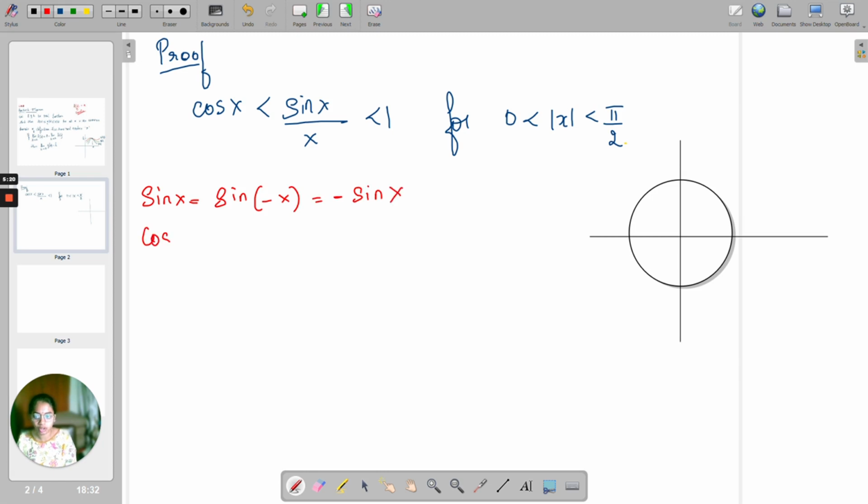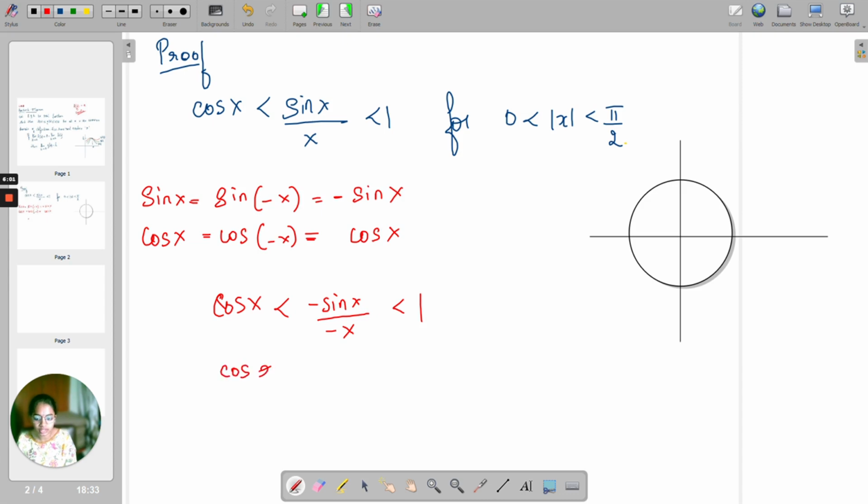What is cos of minus x? Cos is an even function, so I would get cos x itself. So here, let me replace x with minus x. I would get cos x less than minus sin x divided by minus x, which is less than 1, since there is no x there.